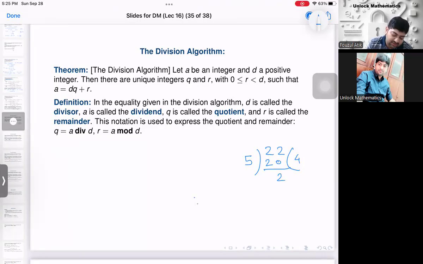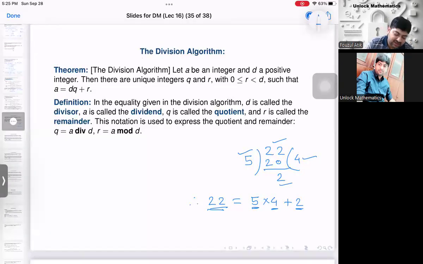Then can't you write that 22 is equal to 5 into 4 plus 2, correct? So this is a similar kind of thing. This is the dividend, this is the divisor, this is the quotient, this is the remainder. Therefore you can write dividend is equal to divisor into quotient plus remainder.